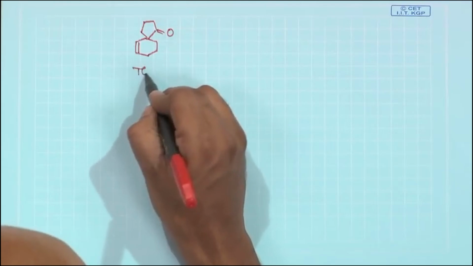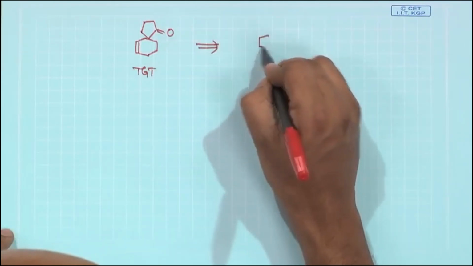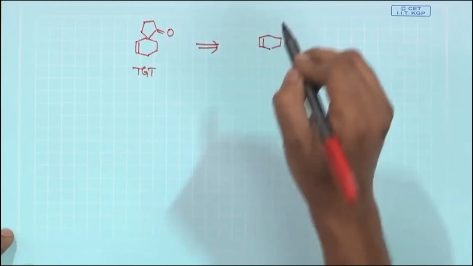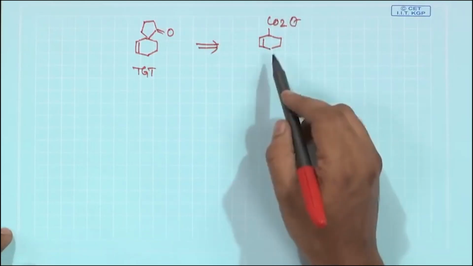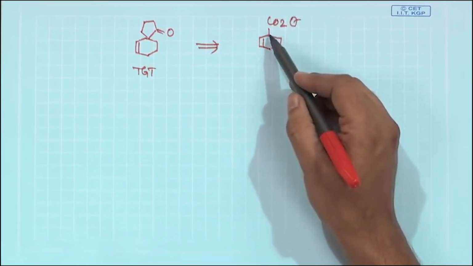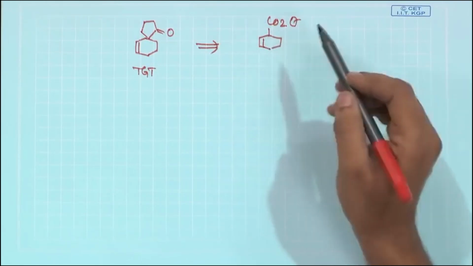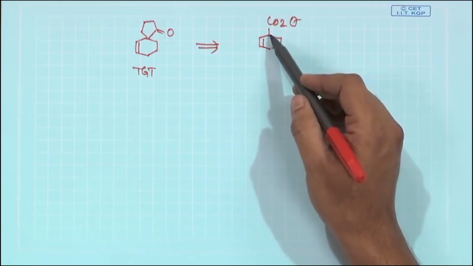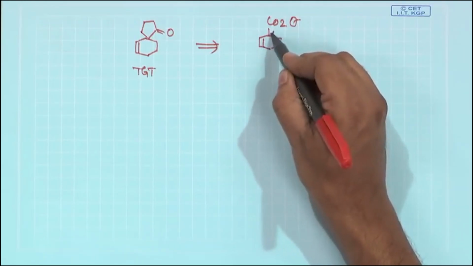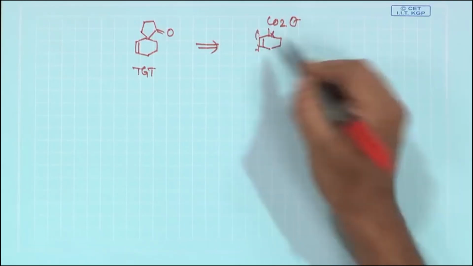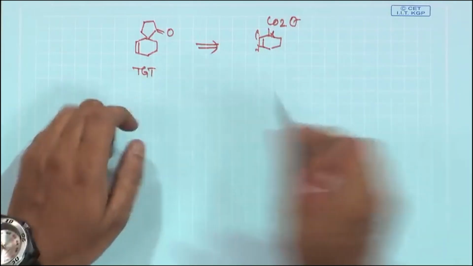This is the target molecule, and the starting material given to you is this compound, a cyclohexyl based alpha beta unsaturated ester, sorry, an alpha beta gamma unsaturated ester. Now, try to correlate these structures.